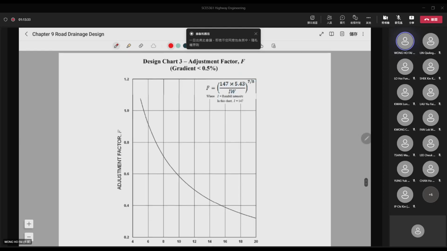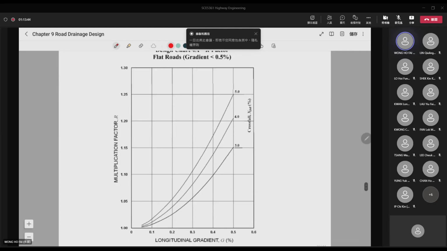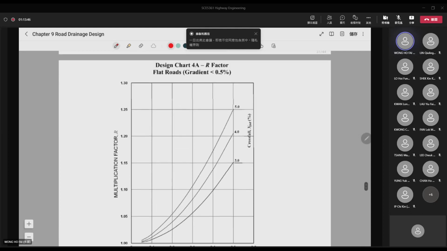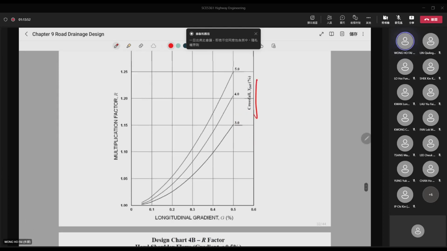And afterward, as I mentioned, there is a table for the adjustment factor F. Depending on the trigger wave, you will look at what the adjustment factor is. And finally, it's about the R factor. It depends on the cross-fall and the longitudinal gradient.